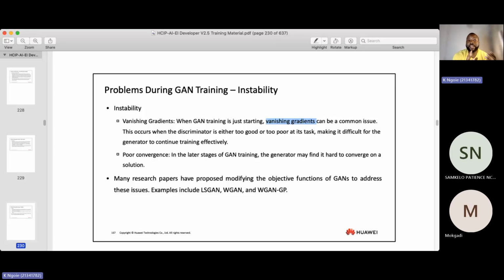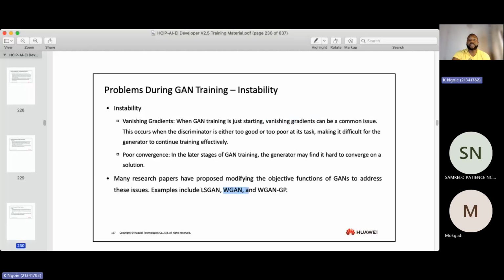So that is an example of vanishing gradient. The teacher's feedback is so harsh that learning stops. There's no way you can learn from it. All right. So how to fix the issue of vanishing gradient is by using different structures of GAN, such as the WGAN and the LSGAN.